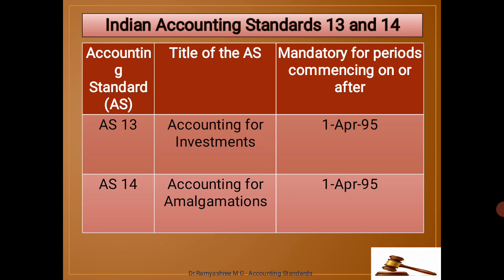This standard deals with accounting for amalgamation and the treatment of any resultant goodwill or capital reserve as the case may be. This standard mainly applies to companies, but some of its requirements apply to the other enterprises also.